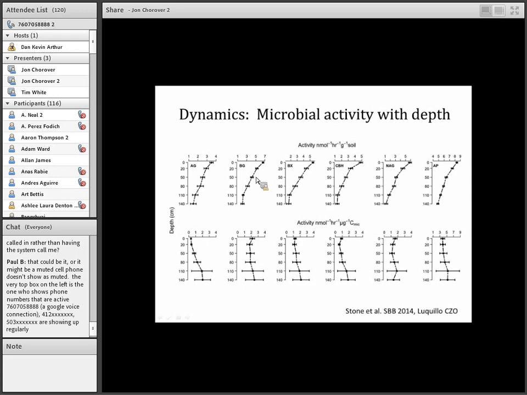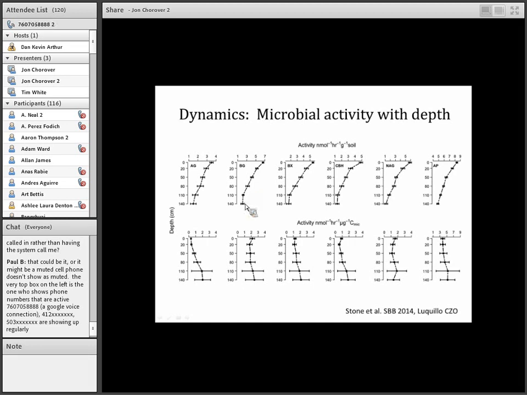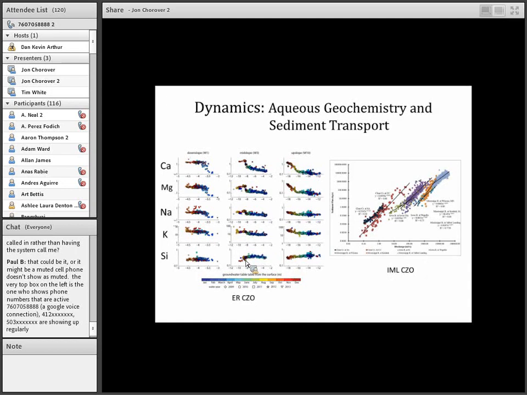In fact, if we catalog the sets of measurements of the different CZOs and depict them in this matrix where we label the 10 CZOs across the top and the different types of measurements that are being made, both dynamics and architectural type measurements, down this axis, looking at land change, vegetation and microbiota, structural and dynamics, soil or vadose zone measurements, saprolite and bedrock, surface water dynamics.